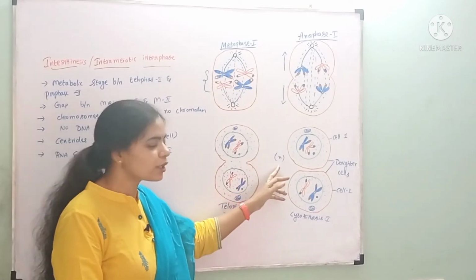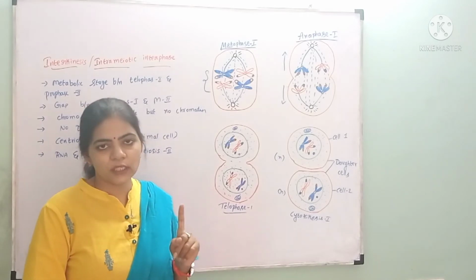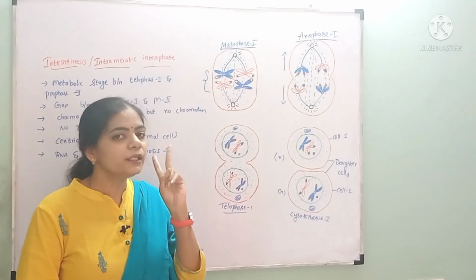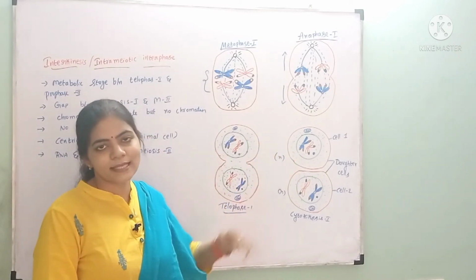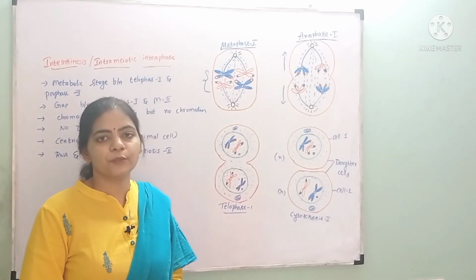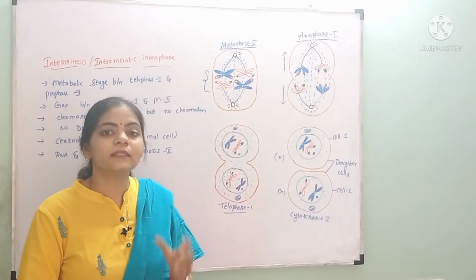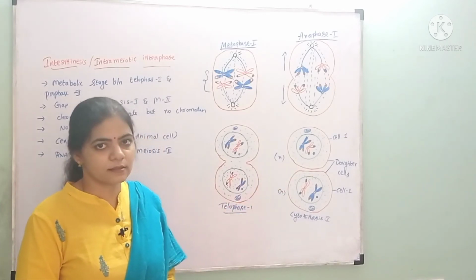That means each daughter cell is in the haploid condition. From Meiosis-1, only 2 daughter cells were created, in the haploid condition. We started with a diploid cell and we are getting haploid daughter cells.